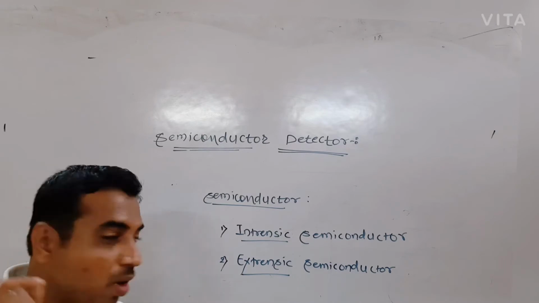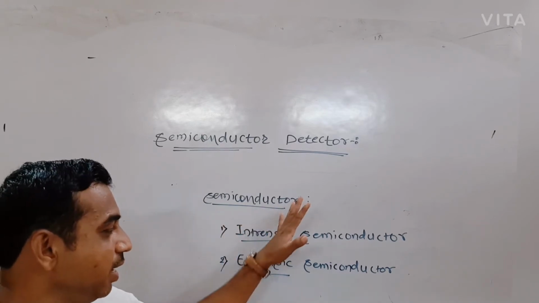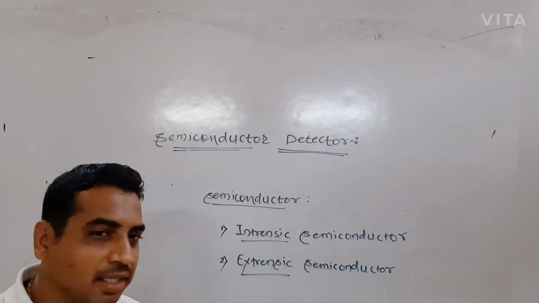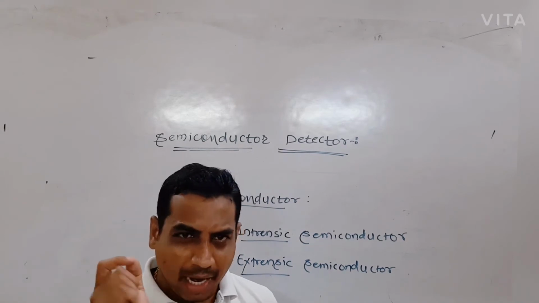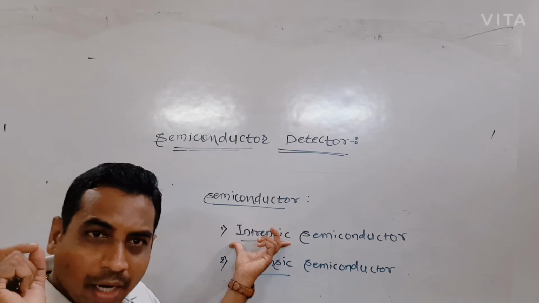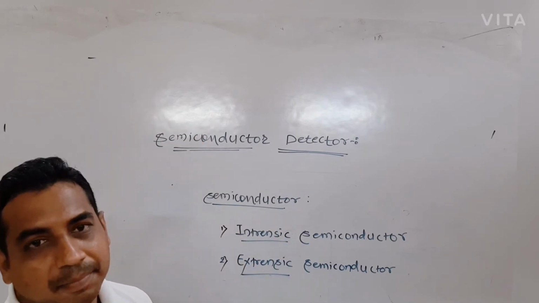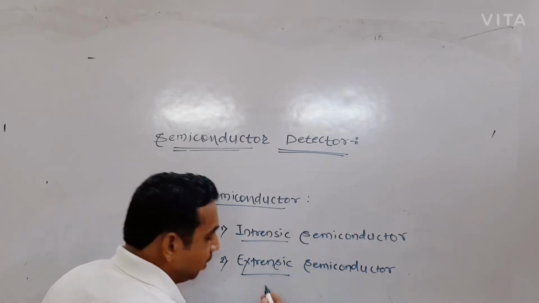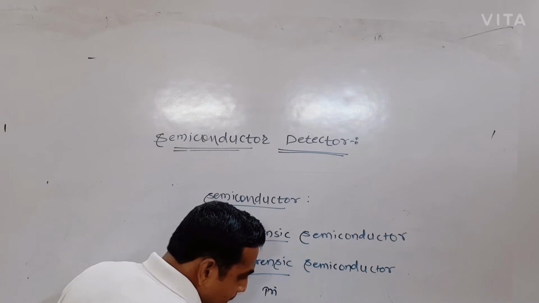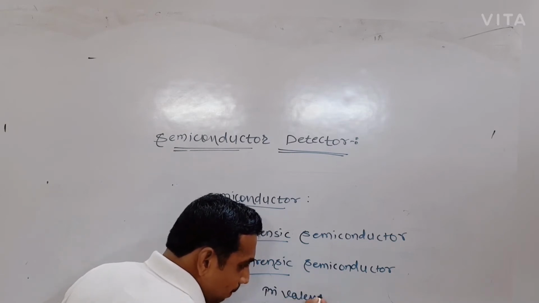Any semiconductor in pure form is called an intrinsic semiconductor. And what is an extrinsic semiconductor? Adding impurity to the intrinsic semiconductor. When we add impurity to an intrinsic semiconductor, the impurities used are trivalent and pentavalent.